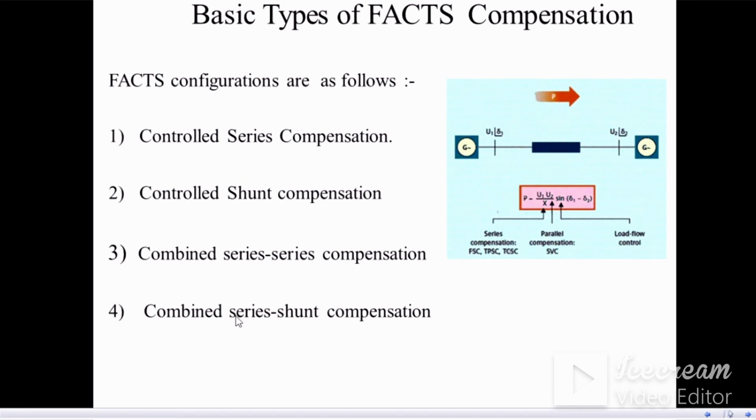This is also a kind of hybrid compensation in which the inductor and capacitor along with controlling thyristor are connected, few of them in series and others in parallel, in order to change the impedance of a line so that the reactive power can be controlled and voltage can be maintained within the tolerable limits. So 3 and 4 are hybrid types of compensation, and 1 and 2 are actually a pure form of compensation.